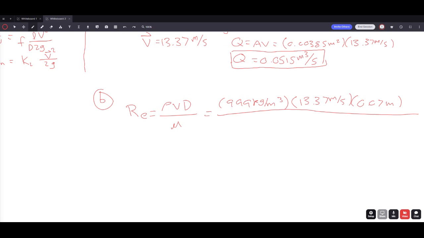Then mu, from the front of the book, the viscosity. Yeah, dynamic viscosity is equal to 1.12 times 10 to the negative third Newton seconds per meter squared.